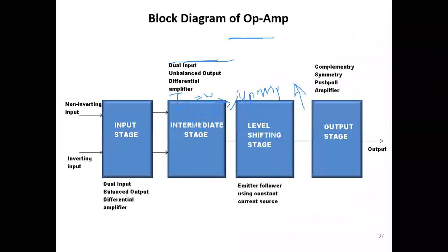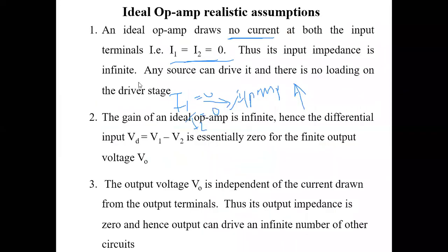That is, the op amp doesn't draw any current at the input terminal, either at the inverting terminal or non-inverting terminal. Since the input impedance is very high, we can drive any source and there will be no loading on the driver stage.